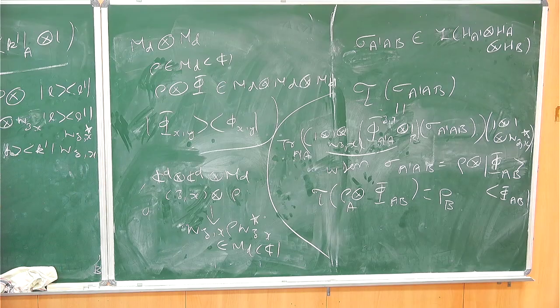Now if you look at the summation, this row is a state. These things form an orthonormal basis.